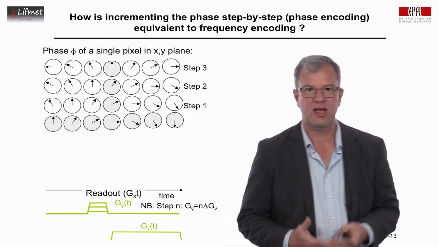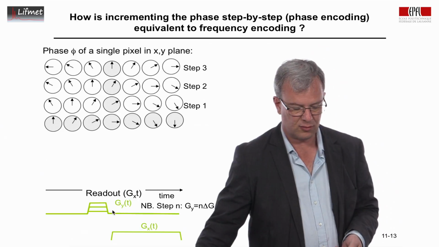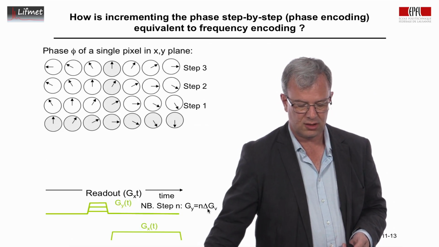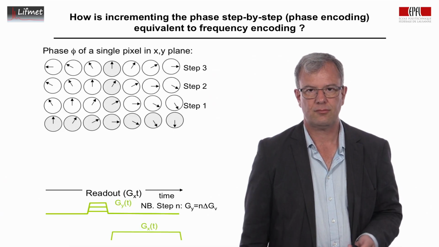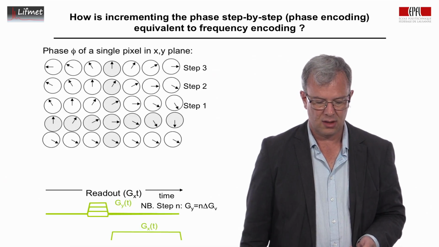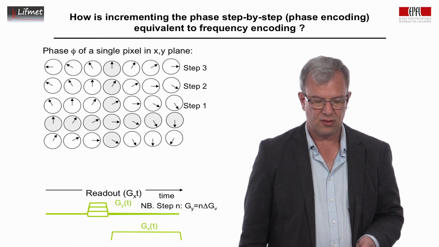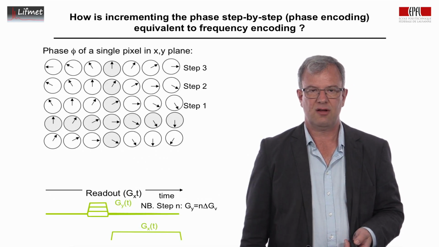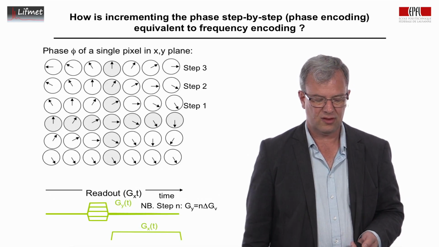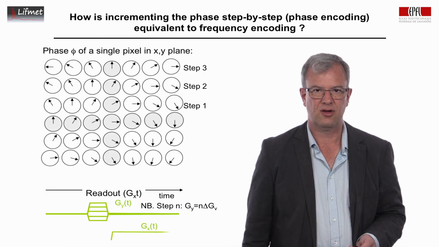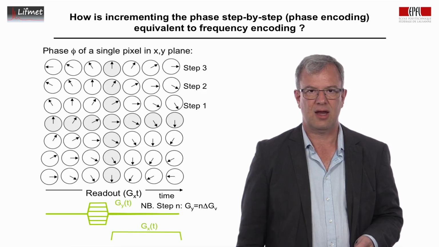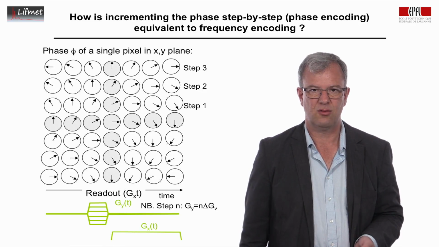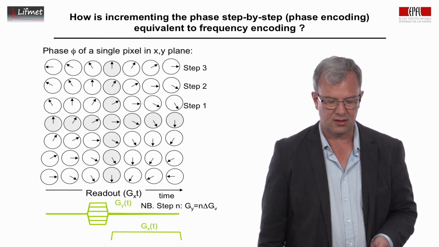Now for each of the n steps, the gradient that's applied here is proportional to delta gy, so it increases linearly. If we go in the opposite direction, we'll have the starting phase of the magnetization in the opposite direction, twice the opposite direction, and 3 times the opposite direction, again with the phase being twisted by the readout gradient.